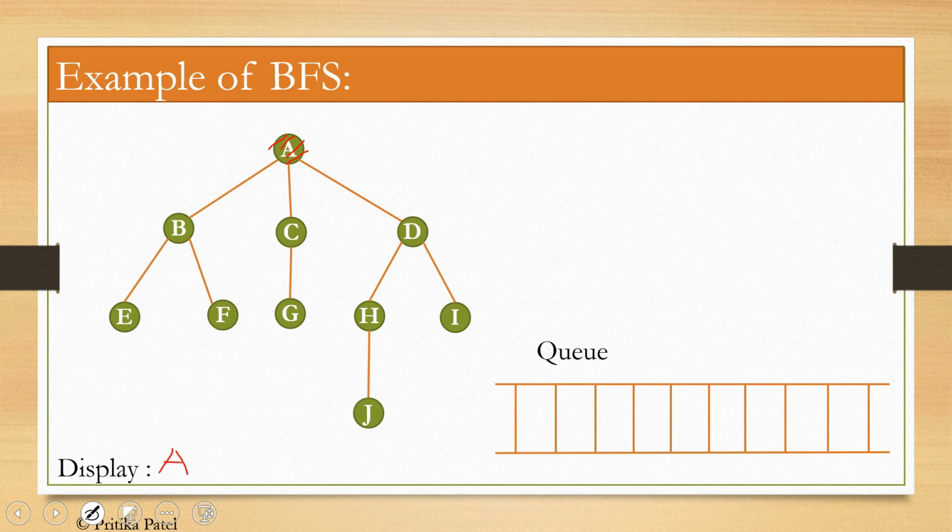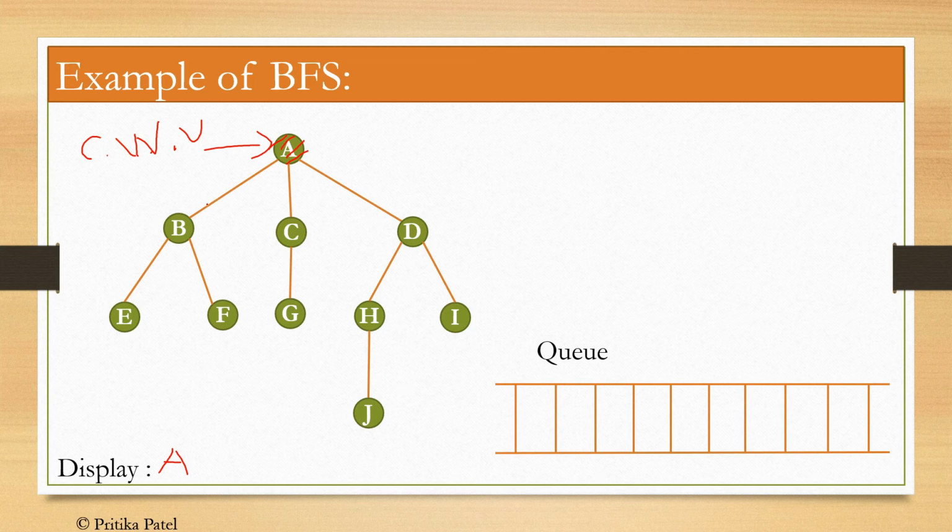So the currently working vertex is set as A, right? Now rule number 2. If the currently working vertex has an adjacent unvisited vertex, right? Now A is the currently working vertex. Does A have any adjacent unvisited vertex?